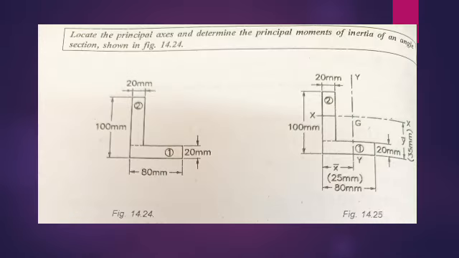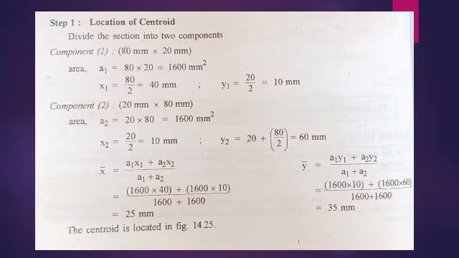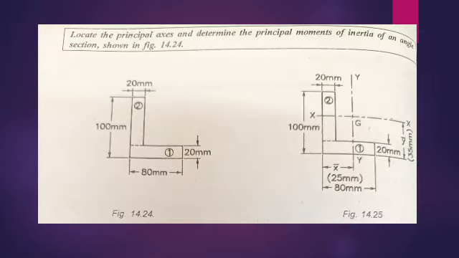Then the x bar value: the second component is resting on the y axis. Okay, it does not move away from the y axis. Therefore, the formula becomes L by 2, 20 divided by 2 is equal to 10 mm. But while taking the centroid for the second component, the second rectangular portion is 20 mm above the reference axis, okay, above the horizontal axis.